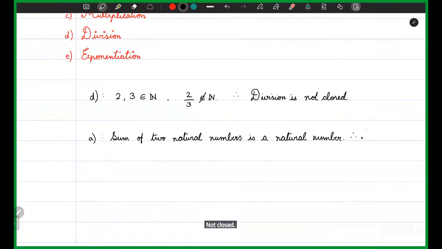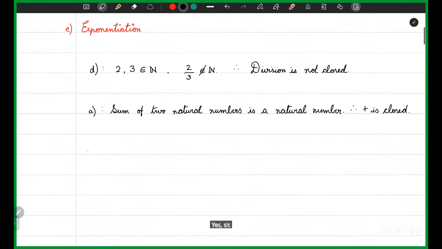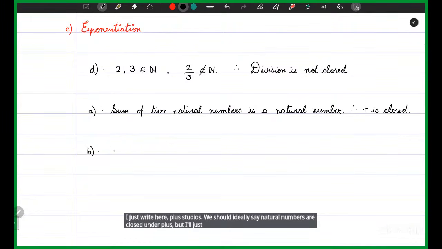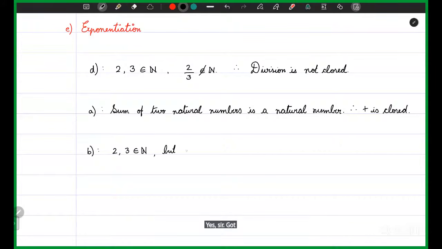Ideally we should say natural numbers are closed under plus, but I'll leave it that way. Once again, we can take the 2 and 3 example, but 2 minus 3 does not belong to the set. Therefore, minus is not closed.